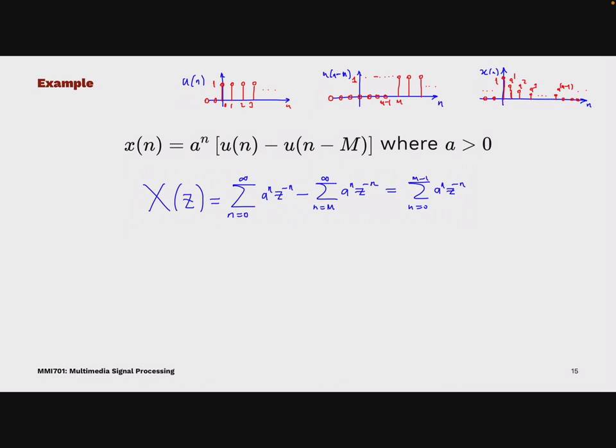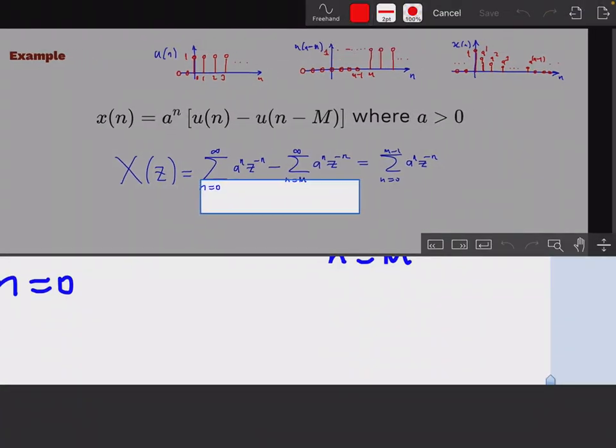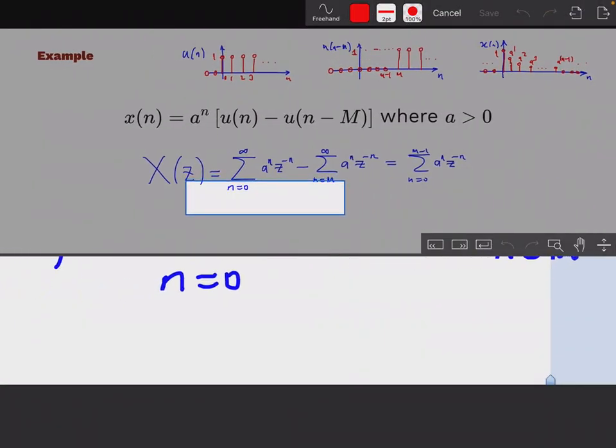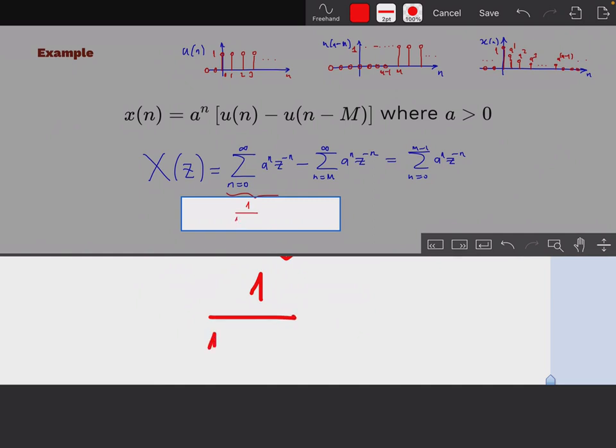All right, so what do we have then? The Z transform of the first term is, if it converges anyway, 1 over 1 minus a z to the power minus 1.